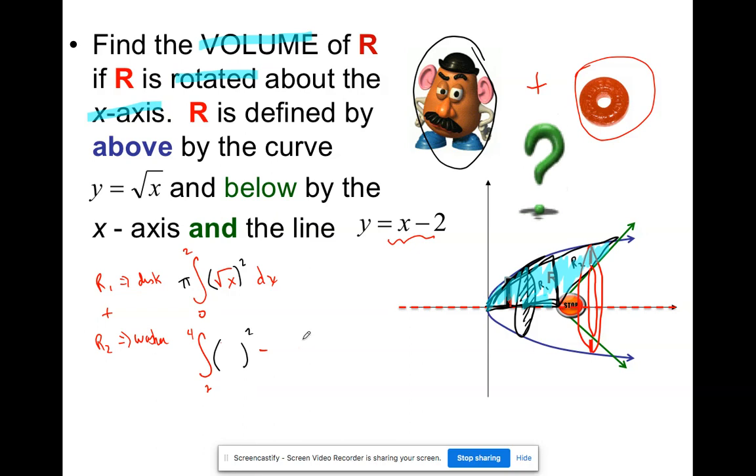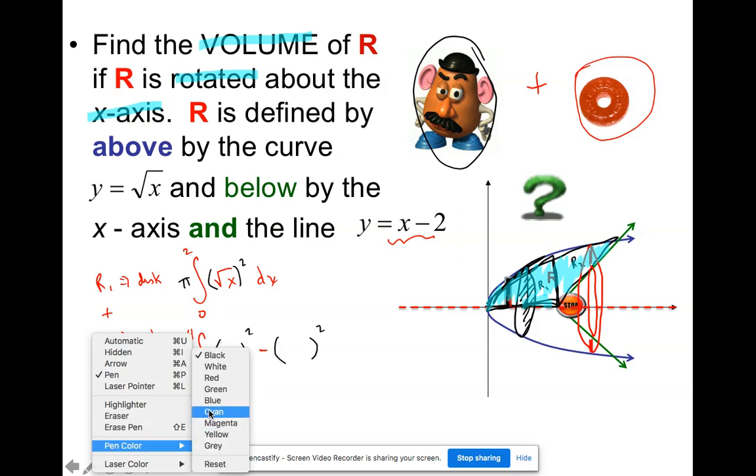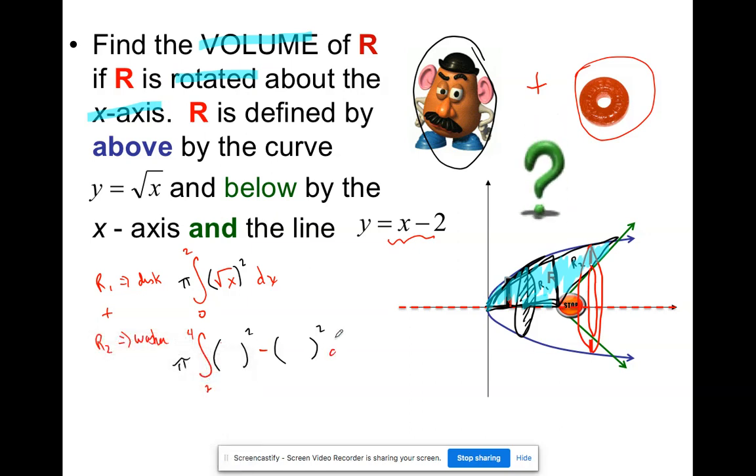Big radius squared minus little radius squared. Don't forget your pi. My strips are perpendicular to the x-axis, the axis of rotation, so dx. My big radius comes from what? Square root of x. But this time I have a small radius. What does my small radius come from?